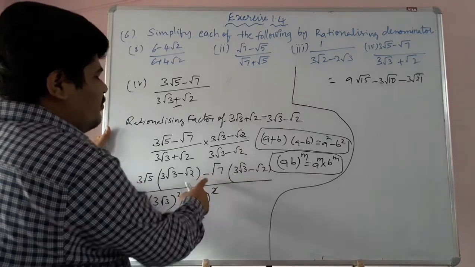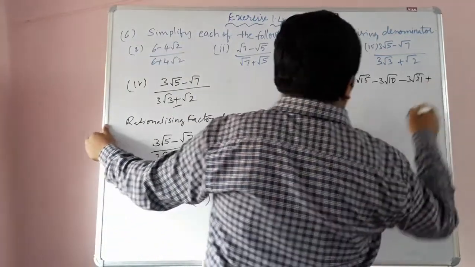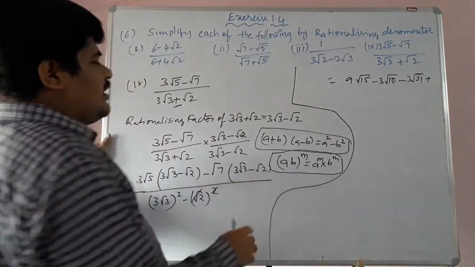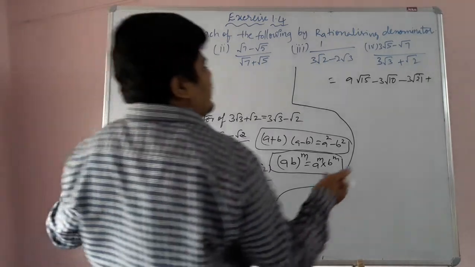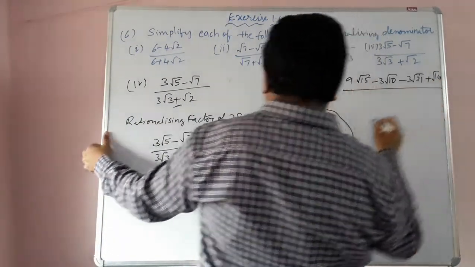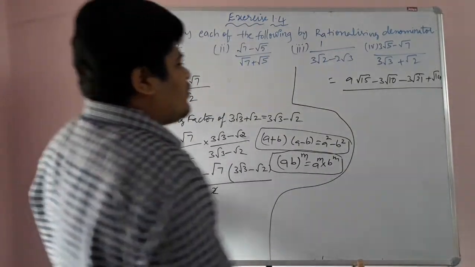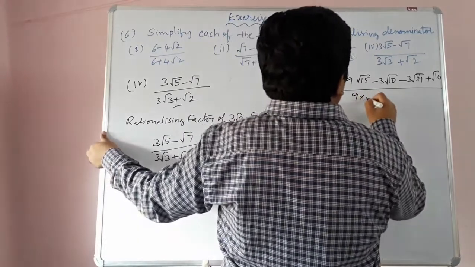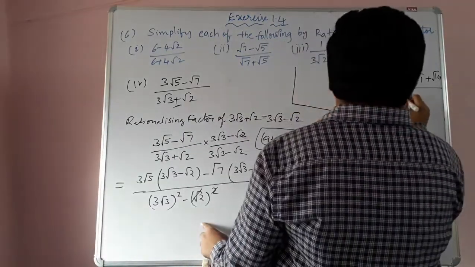Last, minus into minus is what? Plus. So plus root 7 into root 2: 7 2s are 14. So you will get here root 14. Okay, root 14. By the denominator (3 root 3) whole square: 3 square into root 3 square. So that is 9 into root 3 square. The square and root cancel. Minus 2 is there.